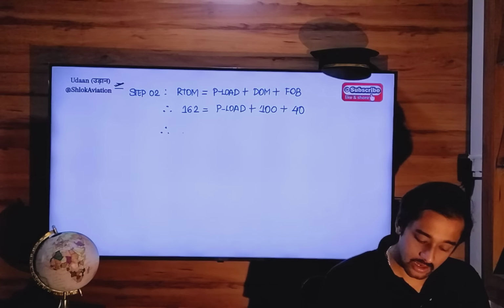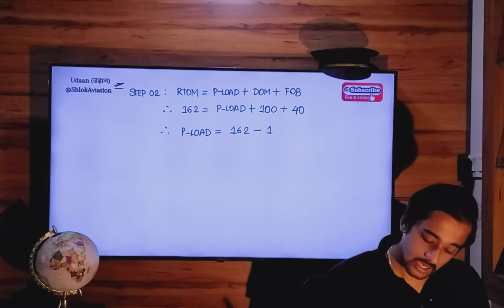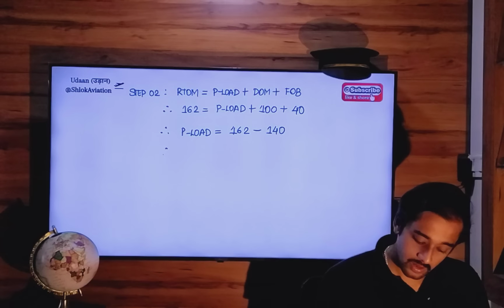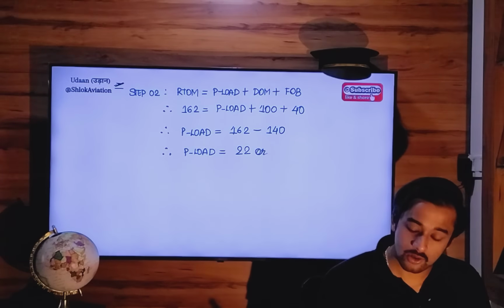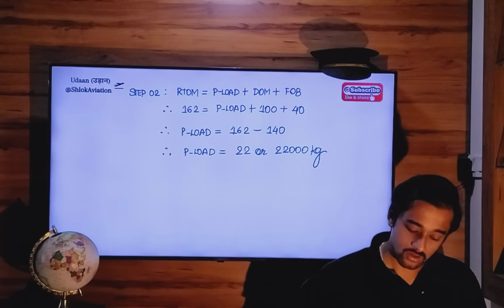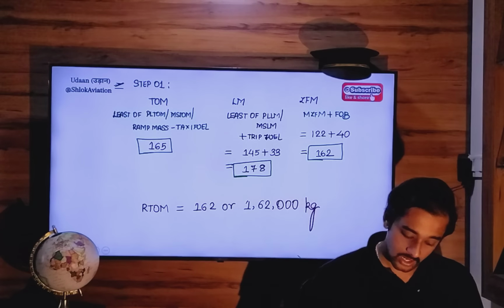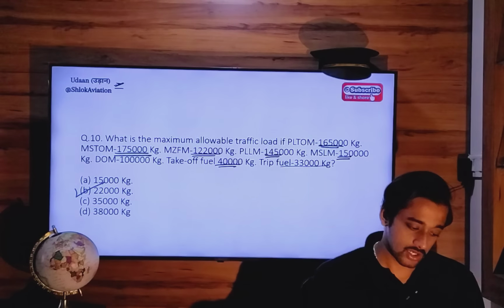Therefore payload will be equal to 162 minus 140. Payload will be equal to 22 or 22,000 kg. Okay. So the correct answer here will be Bravo, 22,000 kg.